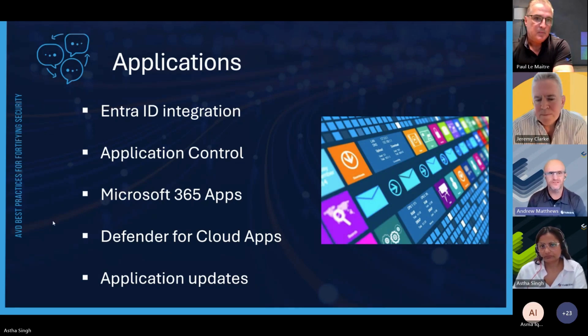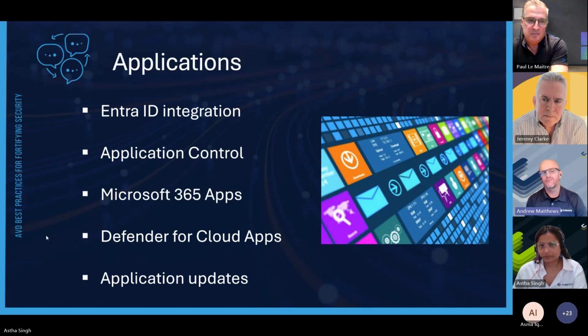Probably for the next three points, application control, Defender for Cloud Apps, and Microsoft 365 apps, they're all overlapping, I guess. Defender application control is one option. There are other third-party products that we use to do the same thing as well. ThreatLocker is one of them that we use ourselves at cubesys. They can have an impact in your environment and need careful planning, like we've already spoken about with Jeremy, but it can be done.